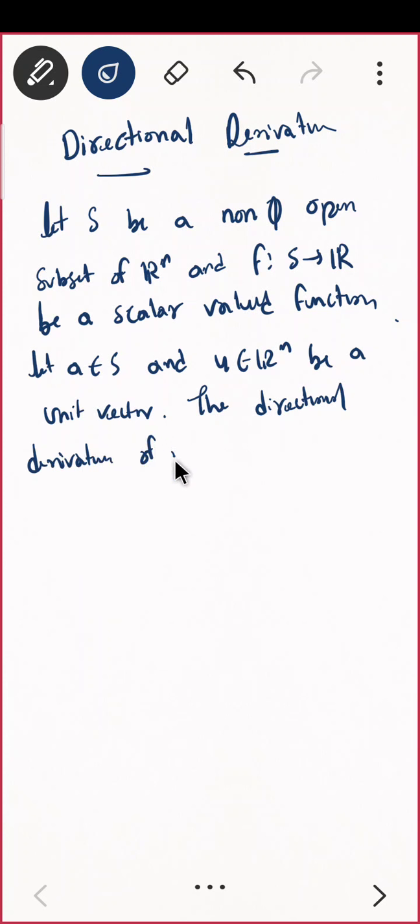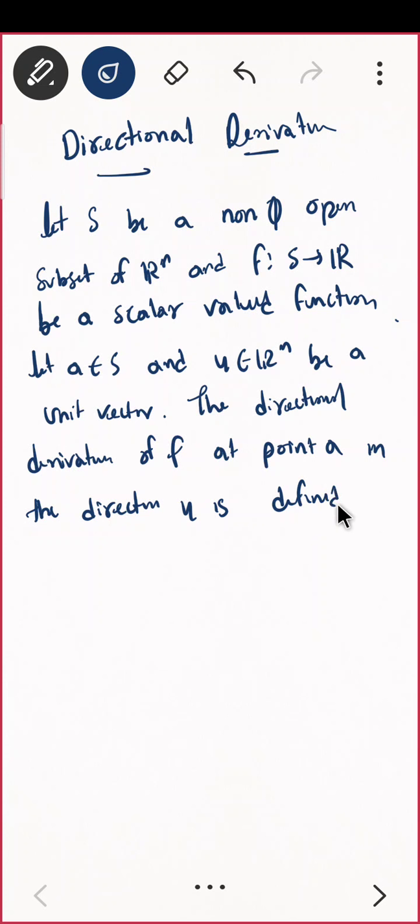The directional derivative of f at point E in the direction u is defined as this, that is limit t tending to 0 of f of e plus ut minus f of e upon t.